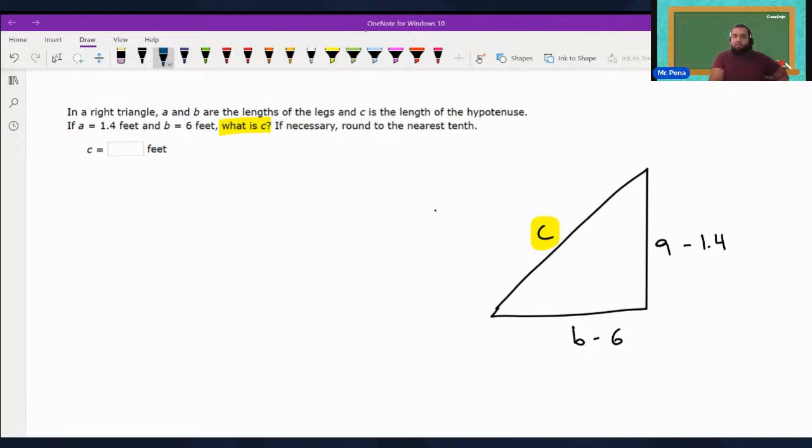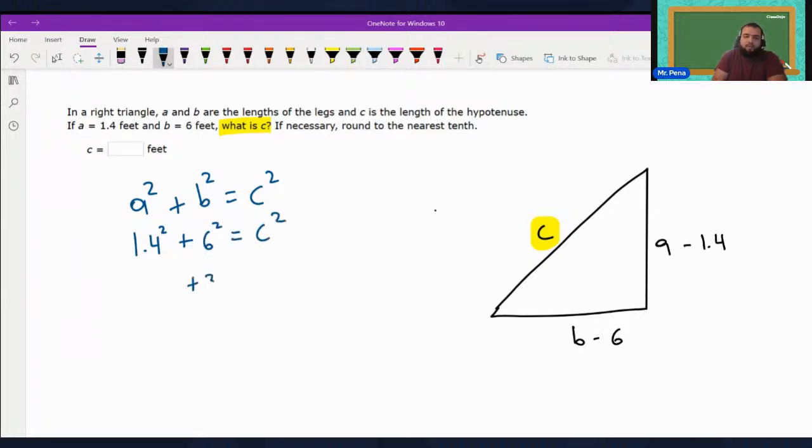So we have the Pythagorean theorem, a squared plus b squared equals c squared. Let's plug in 1.4 squared. Let's plug in 6. What do we get? 36.